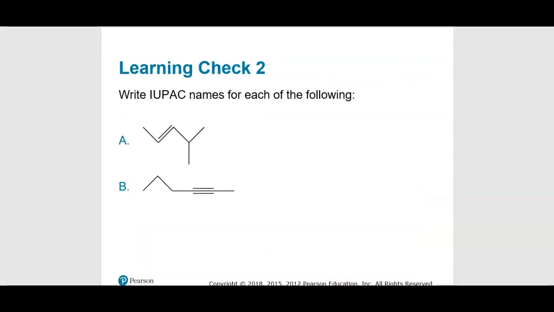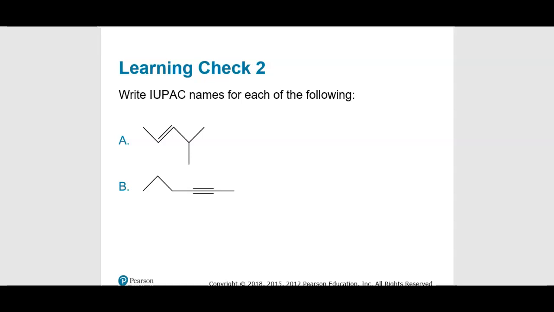All right. Now we're going to have to look at some IUPAC names. And there we have 2 compounds, one of which you should recognize as an alkene, and one you should recognize as an alkyne. Now, the way we do this is pretty much the same as what we do for alkanes, but there's going to be a little bit of a change.